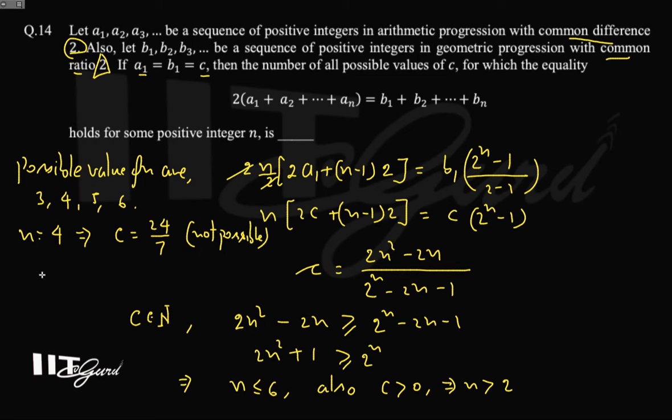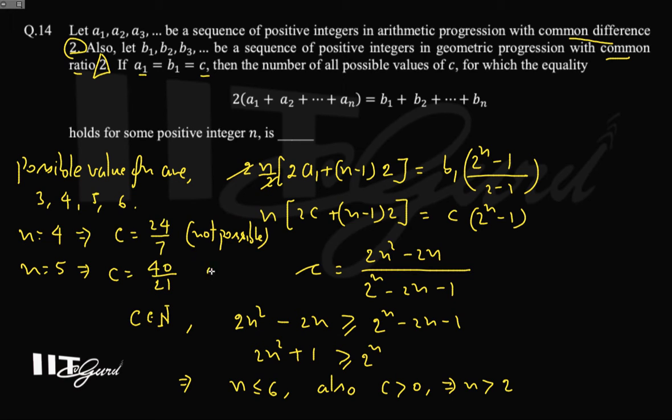Now test for n equal to 5. This implies C equal to, substituting 5 here, 5 square is 25, 2 times is 50, minus 10, that is 40. And for 2 power 5, 32, minus 2 times 5 is 10, minus 1, that gives 21.